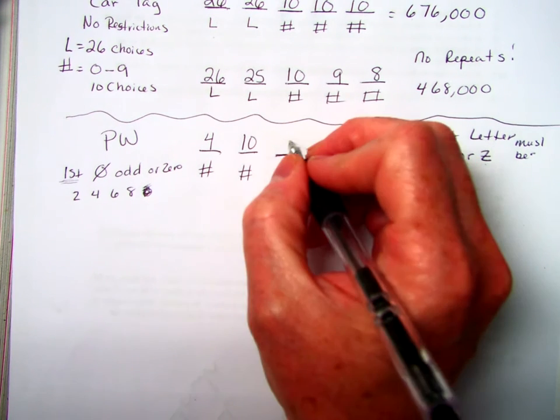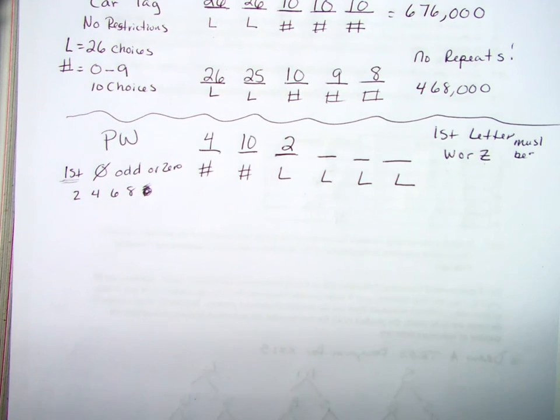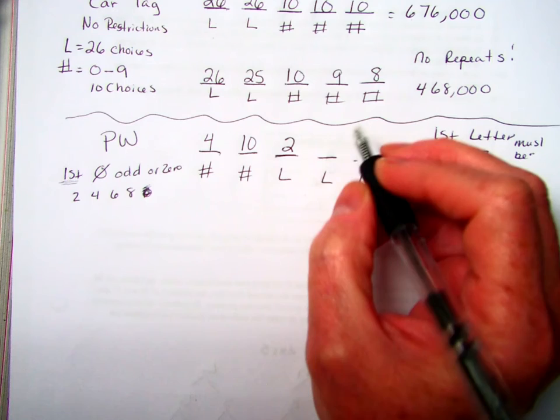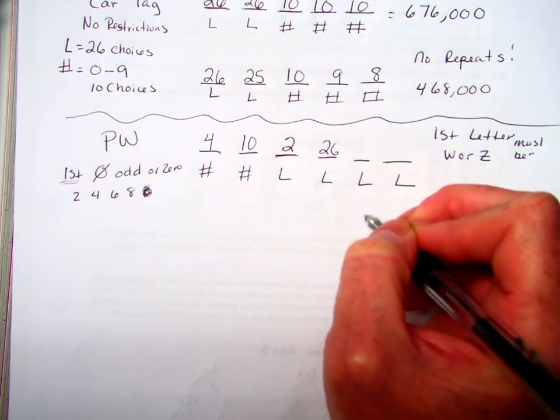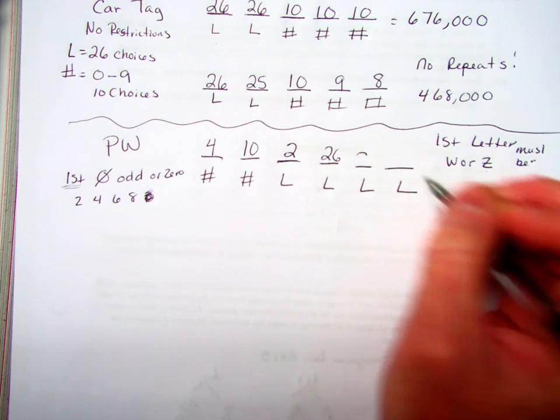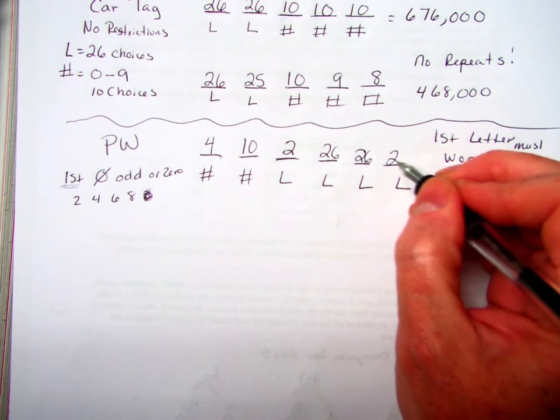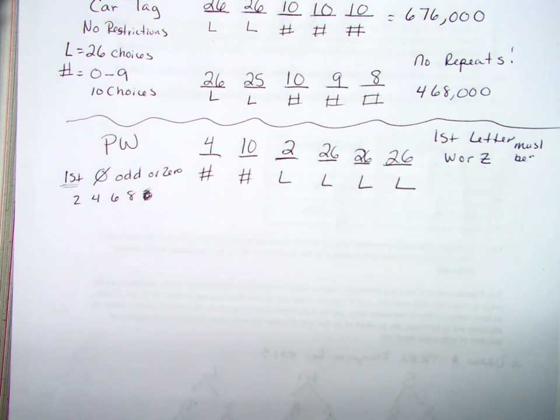We only have 2 choices because we put some restrictions, some rules on it. After that, we weren't picky, were we? So we have 26, and we can repeat it, 26 and 26. Somebody calculate that because I have no idea.